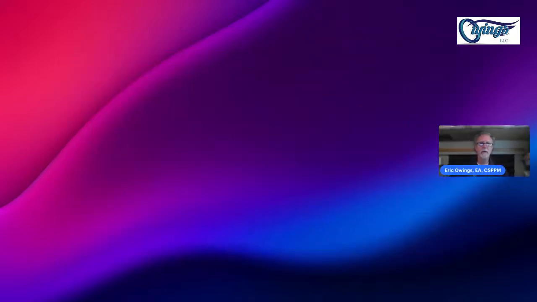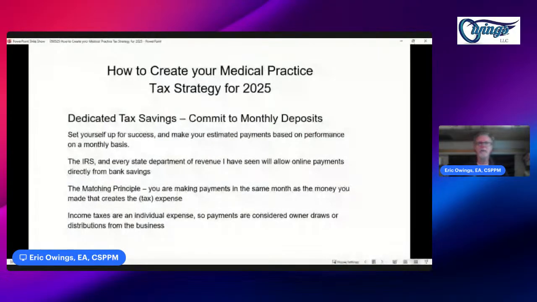So first thing is you want to think about creating a monthly schedule for making tax deposits. And I will go into why I think that's an important idea here. There is such a thing in accounting practice called the matching principle.